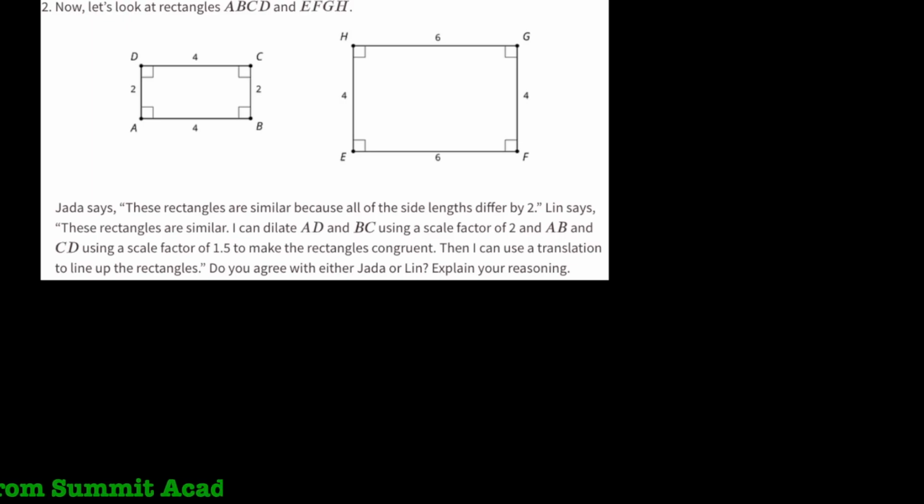Then I can use a translation to line up these rectangles. Do you agree with either Jada or Lynn? Explain your reasoning. Let's go ahead and pause the video, take a second to look these over, and think for yourself whether you agree with one or the other or neither.